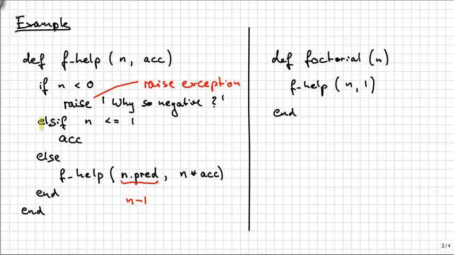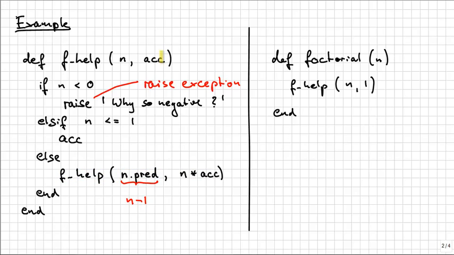Assuming n is at least 0, we can test whether n is at most 1. If that is the case, we return the value of the accumulator. Otherwise, in all other cases, we call fhelp again with the predecessor of n, so this evaluates to n minus 1, and the second parameter is n times the accumulator, so we multiply the current value of the accumulator with n, and this then becomes the new accumulator in the recursive call.